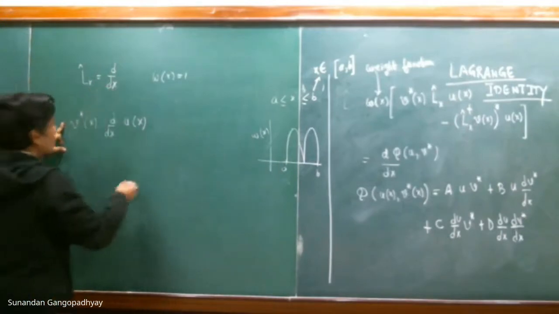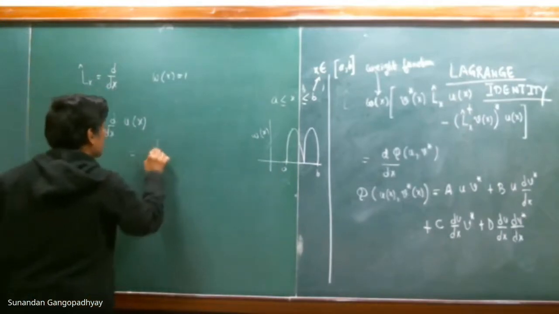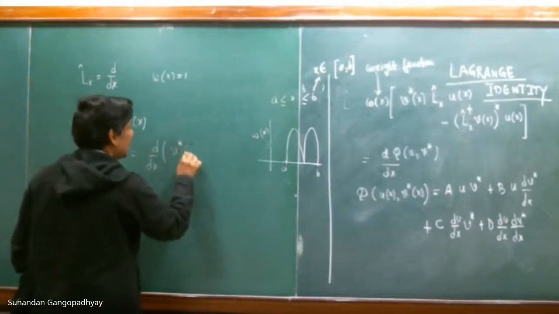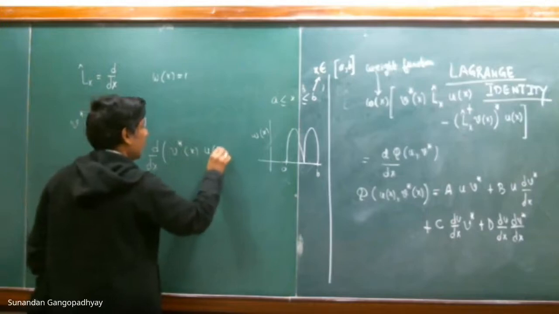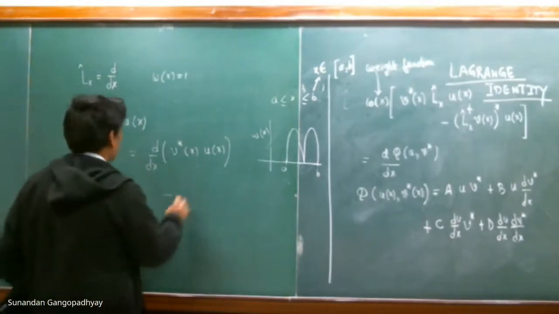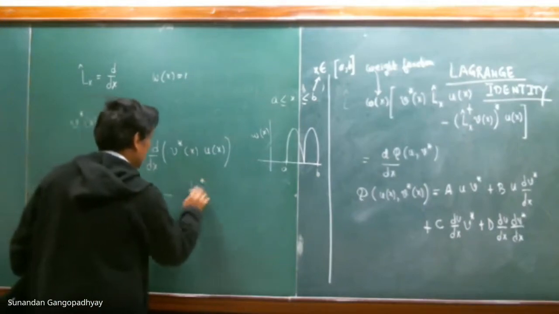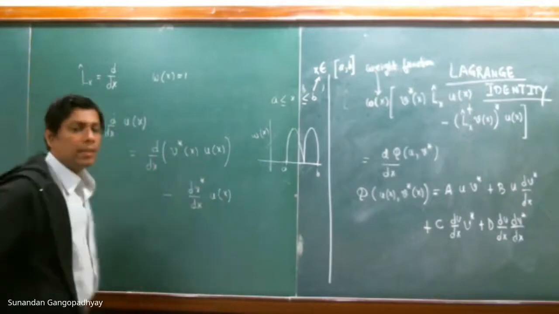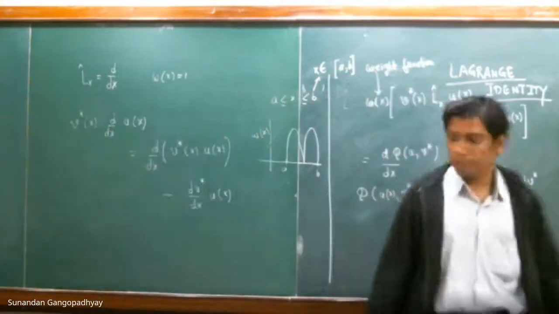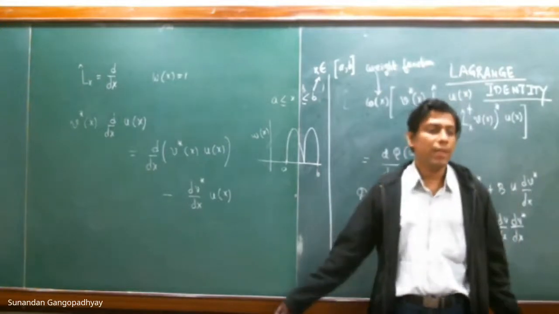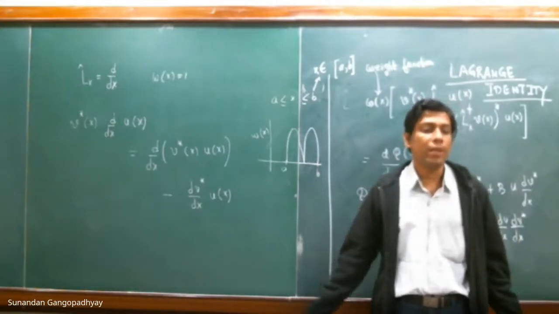L(x) is d/dx. Now you can write this expression as d/dx of v star(x) u(x), and now you have to subtract dv star/dx u(x). So this is an identity, not an equation. This is the same thing we do when we carry out integration by parts.